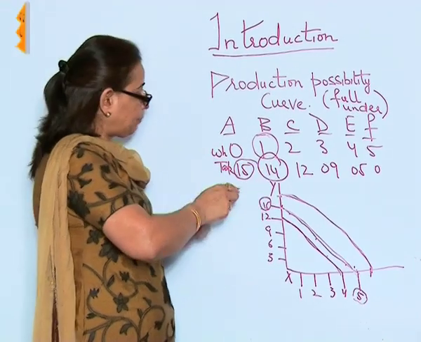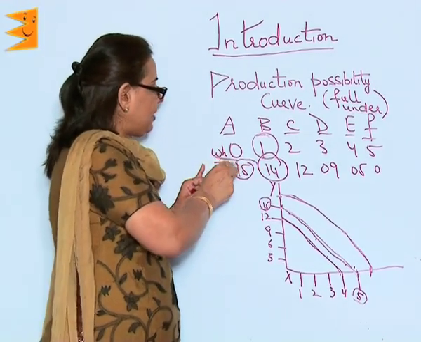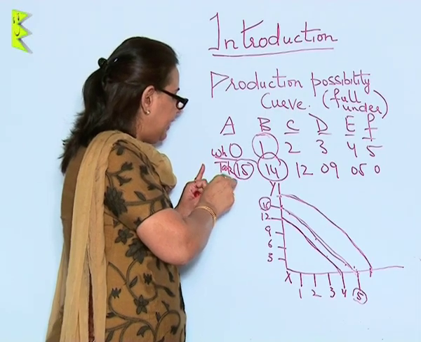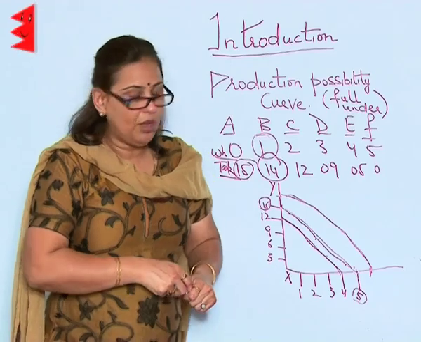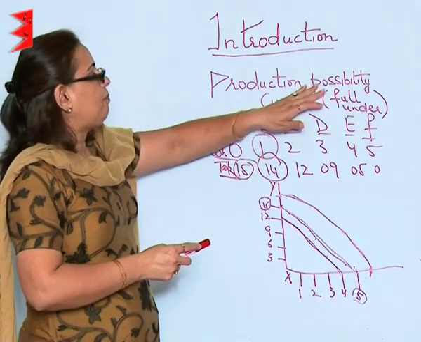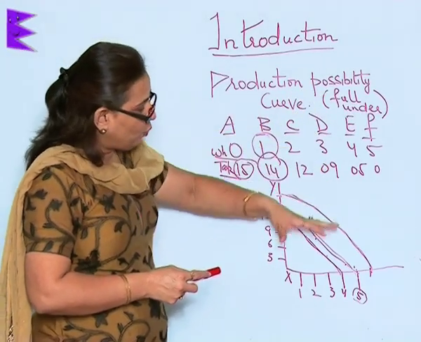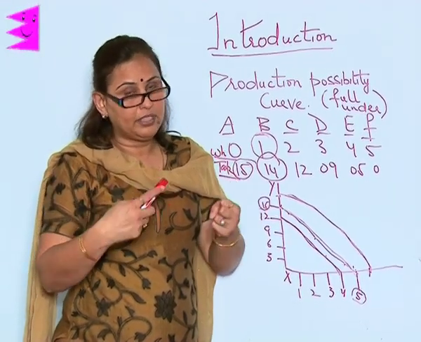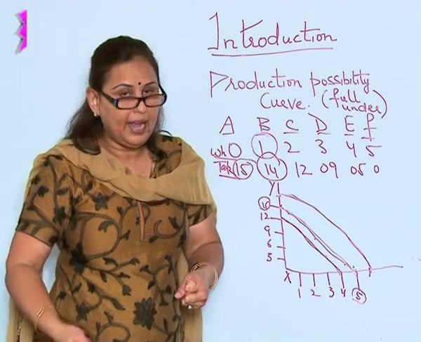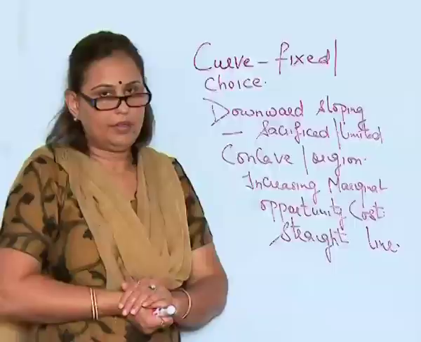Here the distinction that we had taken was for wheat and tanks. Now in more detail I shall tell you about the production possibility curve, as to why it is concave and what other possibilities there could be, in the next clipping.